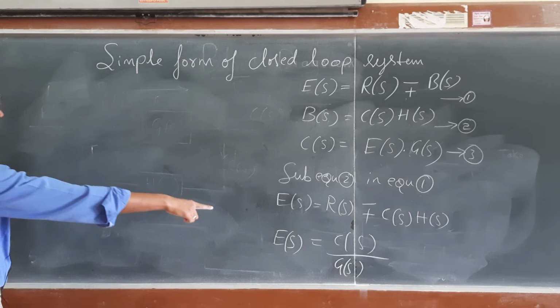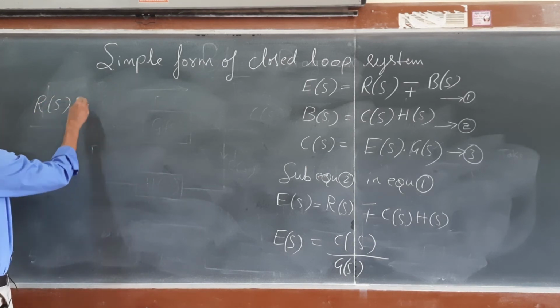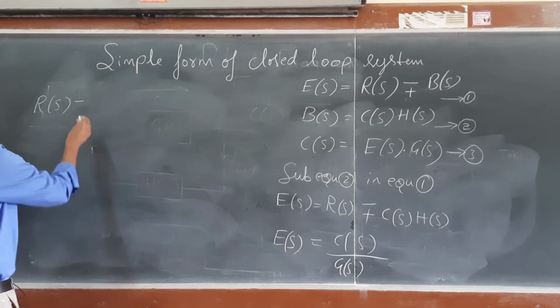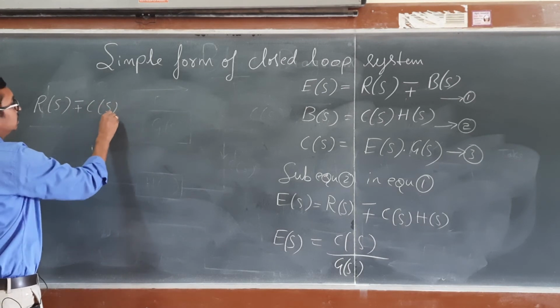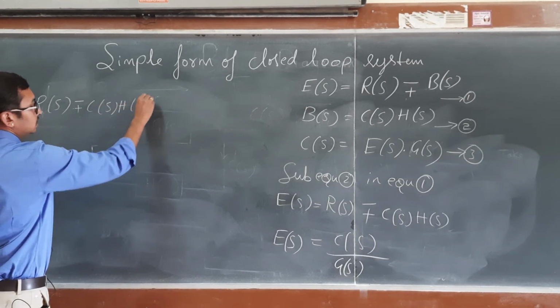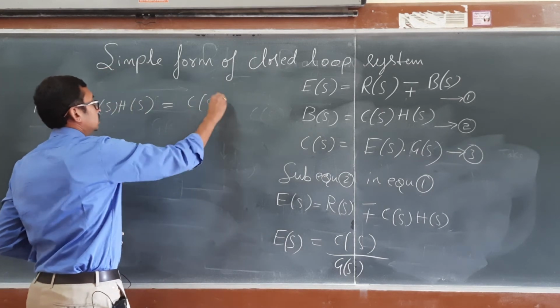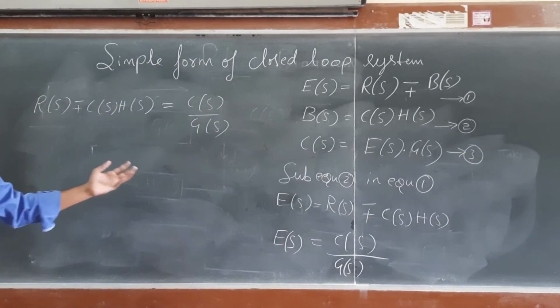So what is my equation? R of S minus R plus C of S H of S is equal to C of S into G of S. Is it right? I can write like this.